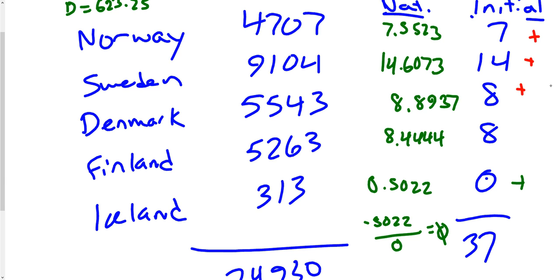Denmark is going to get the extra seat under Lowndes' method. And the other one that's going to get the extra seat is going to be Norway. .5523 divided by 7 is bigger than all the others.